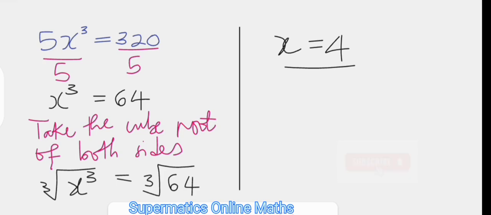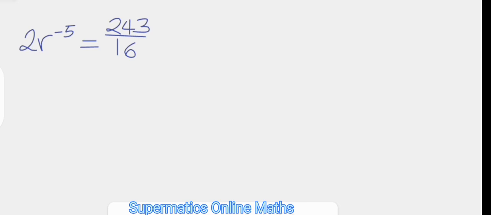We then move over to the second nth root equation. The first step we take here in the second nth root equation is to divide both sides by 2, or we can say multiply both sides by half.